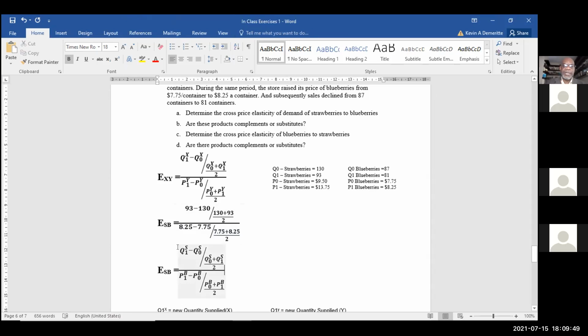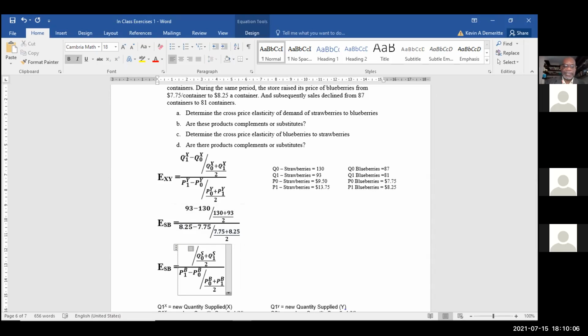So 93 minus 130 gives me what? Negative 37. So the top is negative 37. And on the bottom, I have 130 plus 93 divided by 2.